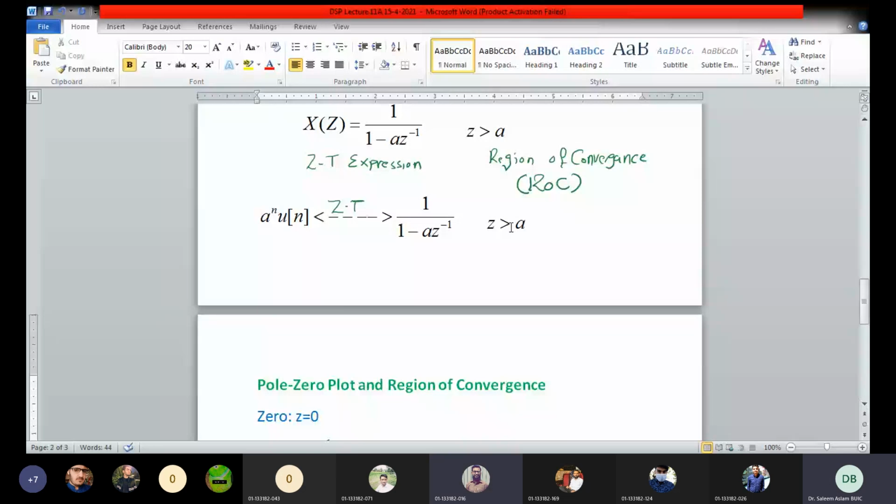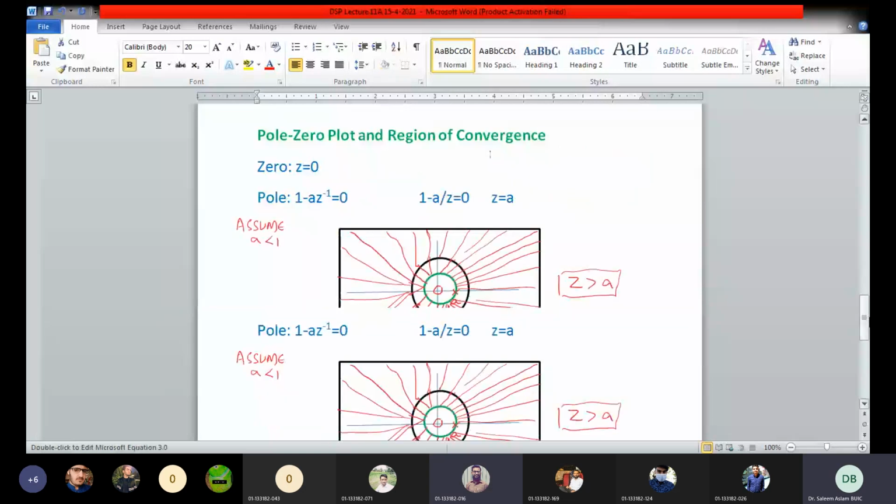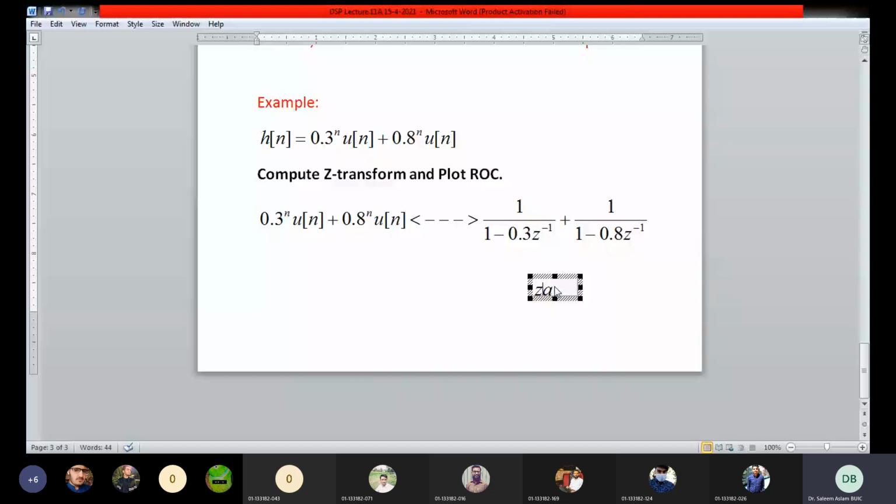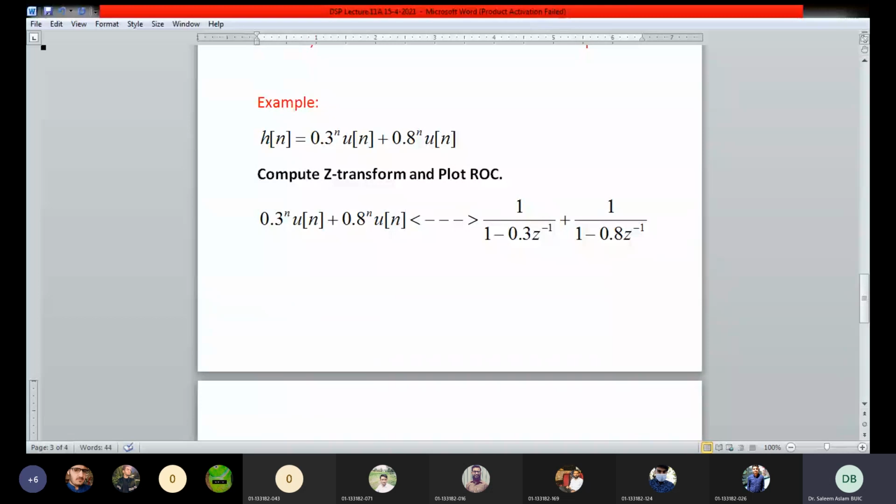Sir, now we have two poles. Yes, in case of two poles, you need to take the common region. So let me write |z| greater than 0.3 intersection |z| greater than 0.8.